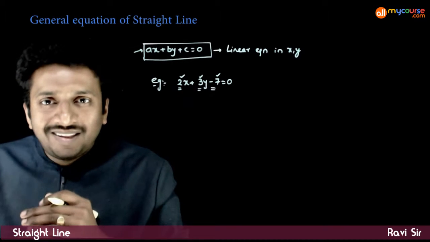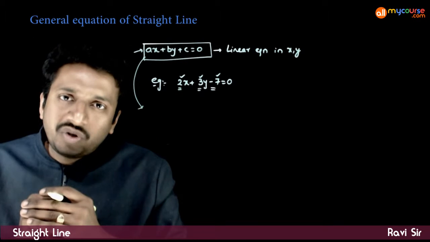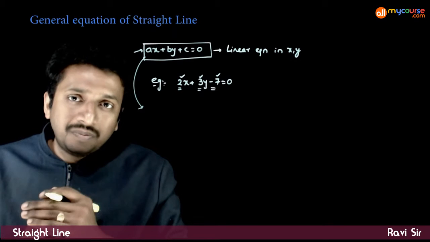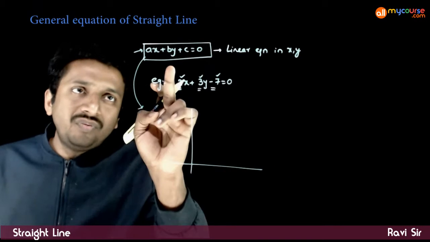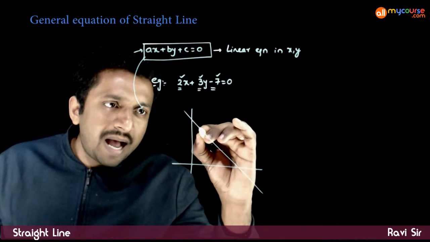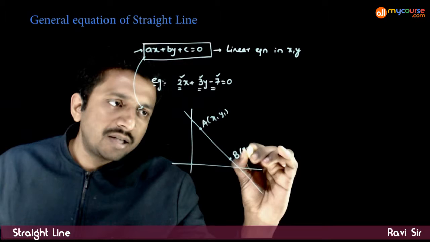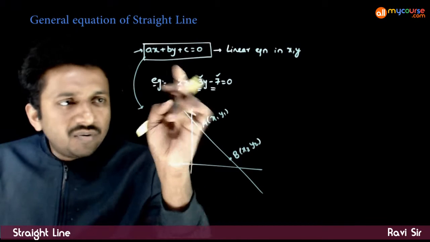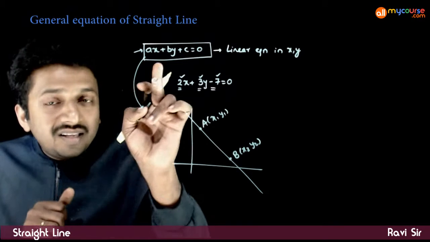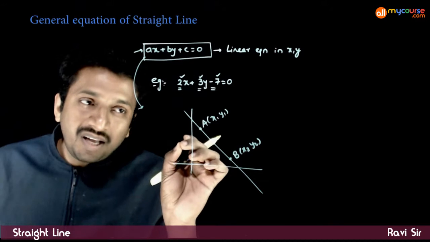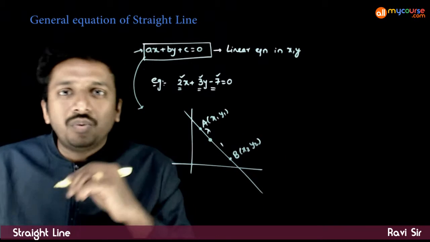So we can also prove that this always happens. We can prove that this represents the equation of a straight line. If you want to understand how I can say this, you can think of it like this. I'll prove that if this straight line passes through 2 points x1, y1 and x2, y2, that is, if this equation is satisfied by these 2 points, then this equation satisfies every point which divides these 2 points in any ratio lambda is to 1.